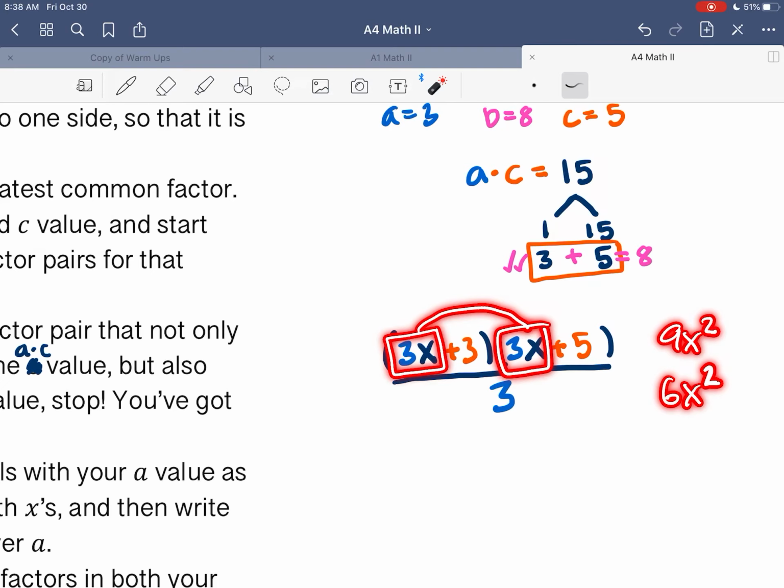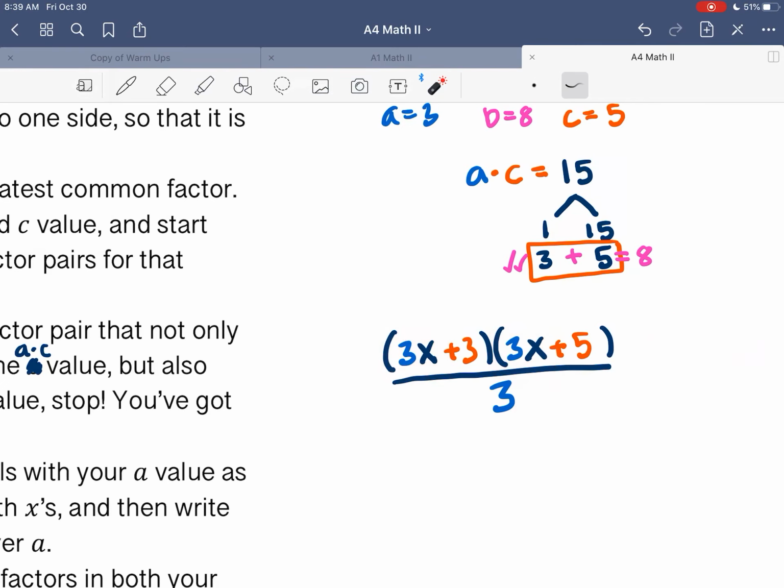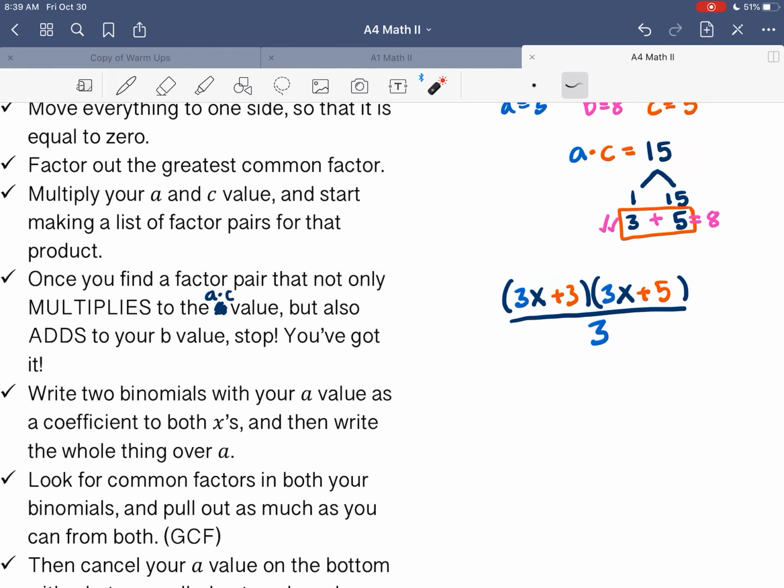So we just compensate for that by putting this 3 down here because we need 1 less 3 than we have. And you'll see how that plays out in a second. This is just going to fix this problem that is giving us a 9x squared instead of a 6x squared. We just have an extra 3. So we put it down beneath there so that it will cancel out eventually.